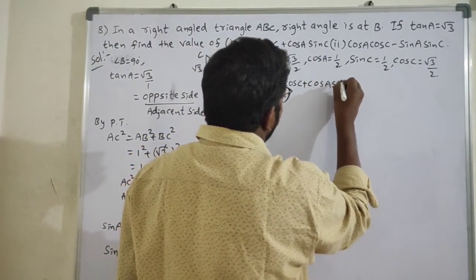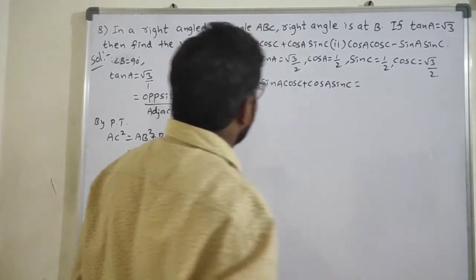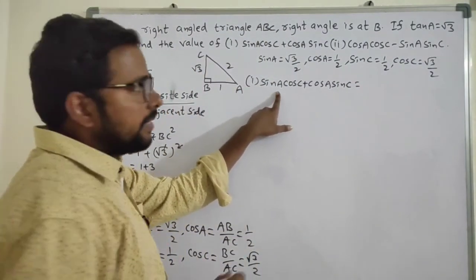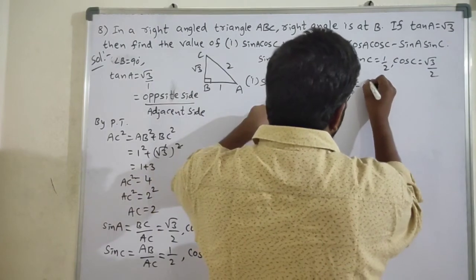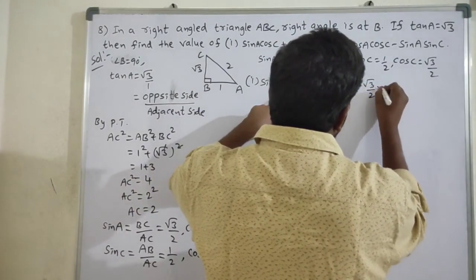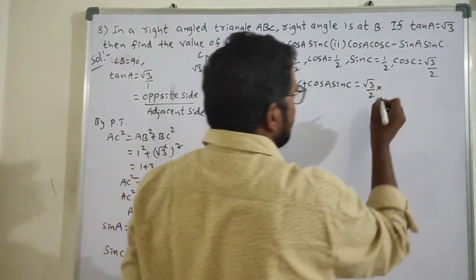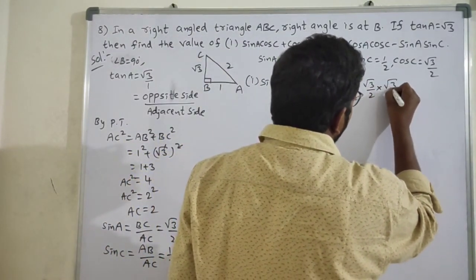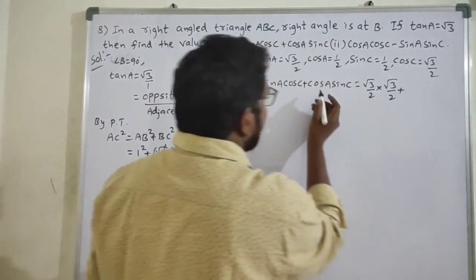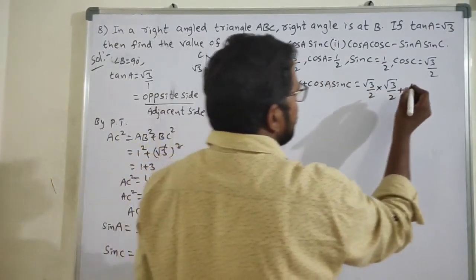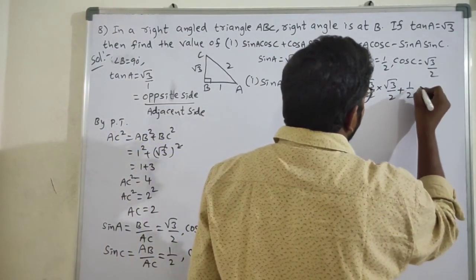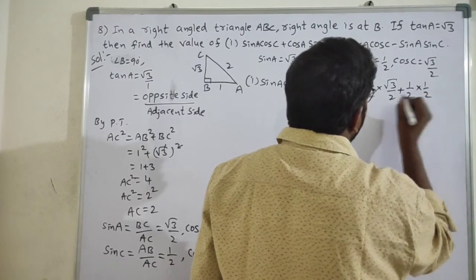Substitute the values. What is the sin A value? Root 3 by 2, into the cos C value, which is also root 3 by 2, plus the cos A value 1 by 2, into the sin C value 1 by 2.